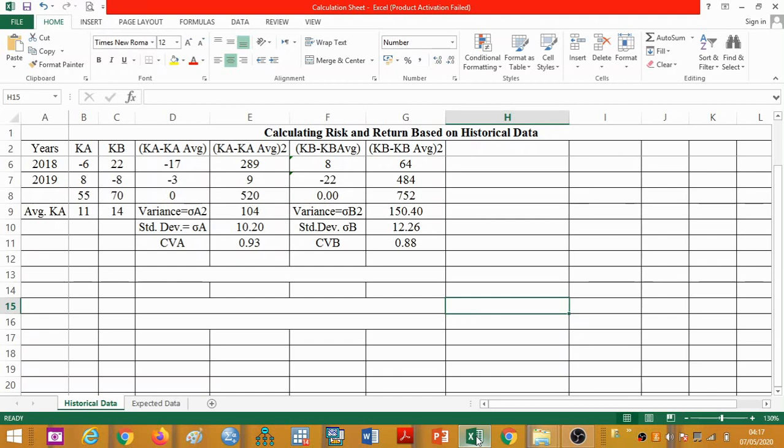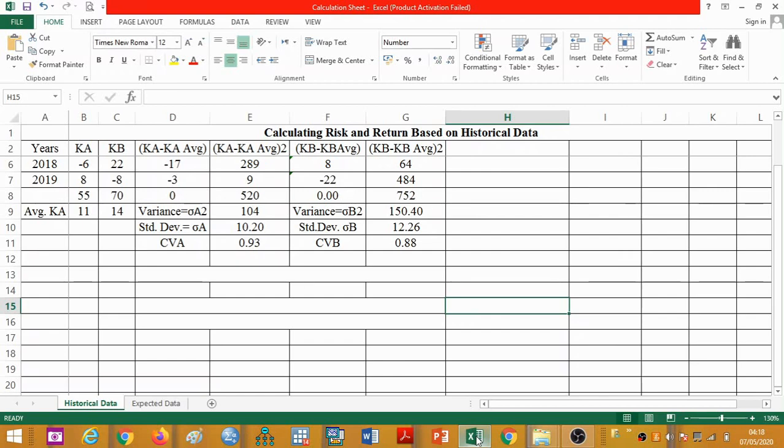So first we need to calculate how the average rate of return of a portfolio can be calculated. The first thing you need to know is that when there are two securities, how much of your total value will be invested. Let's say you have a certain amount to invest in security A and B. So what is the combination of the investment?